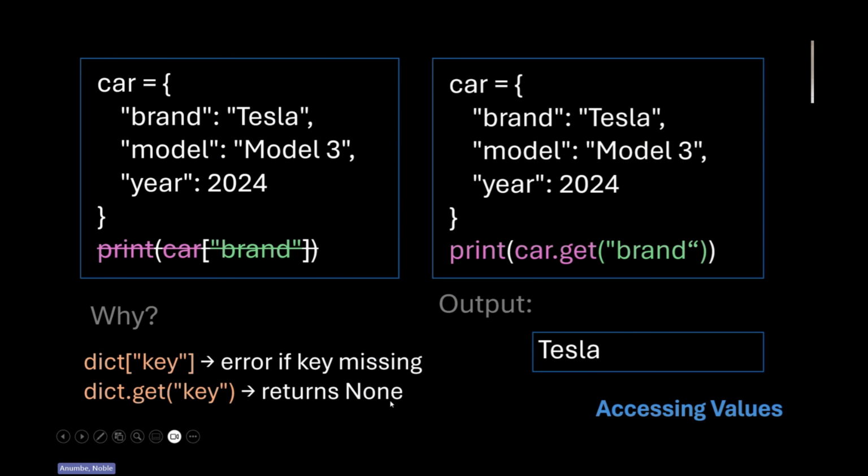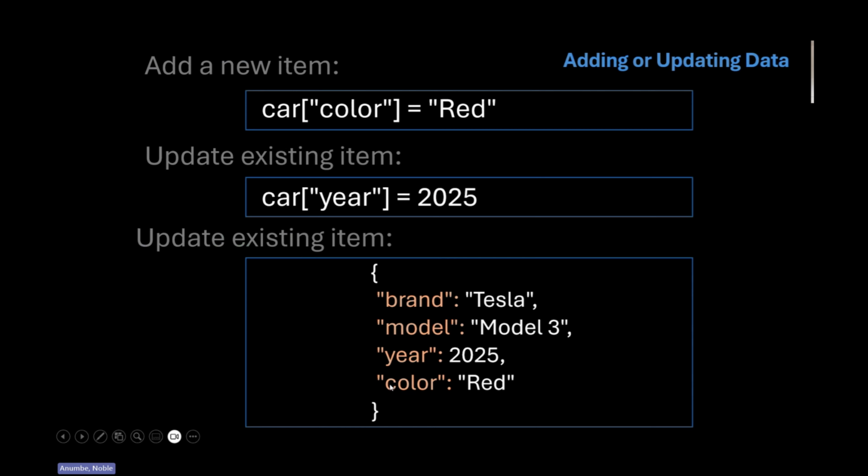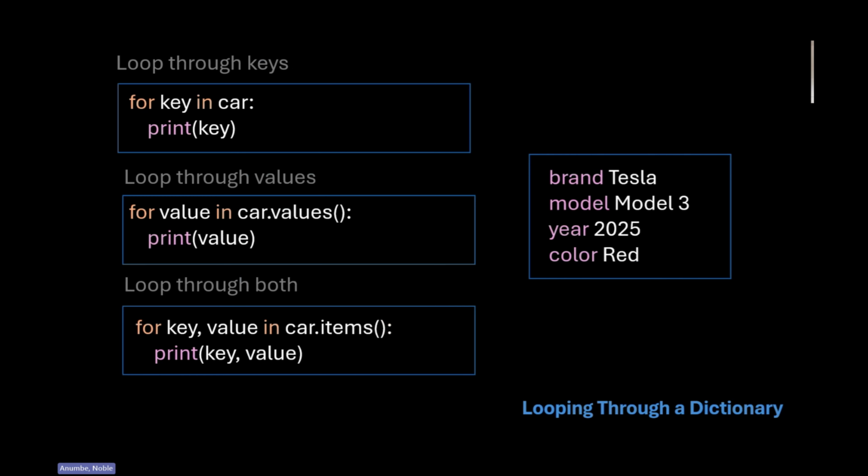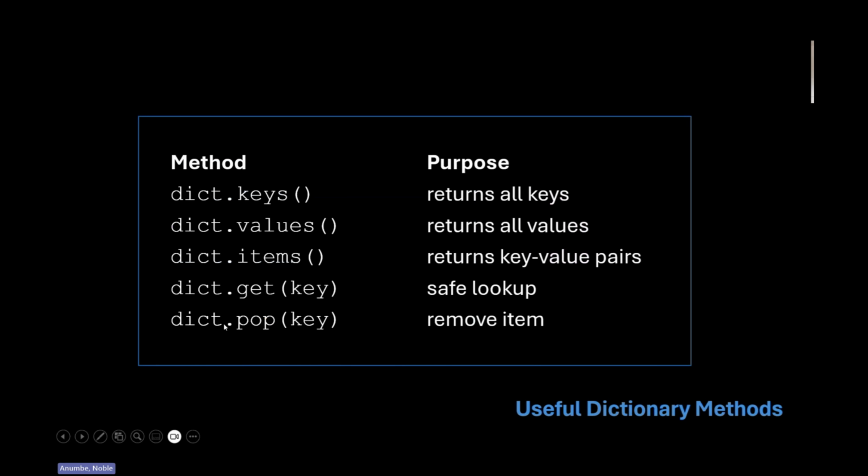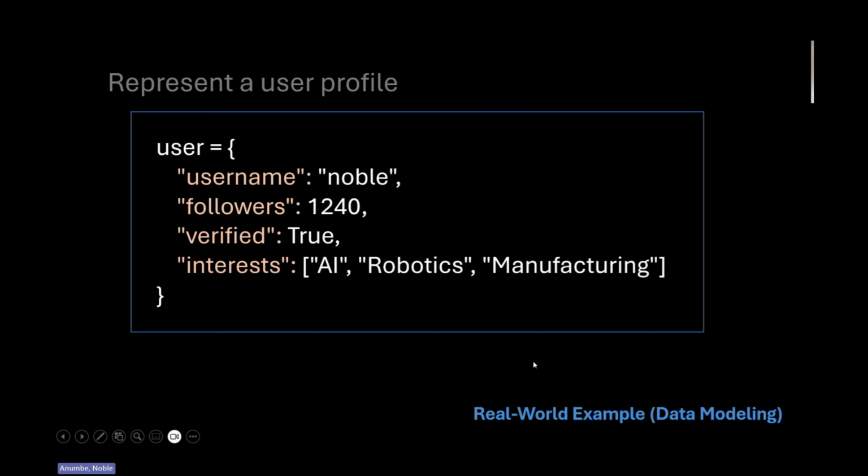It returns None, and it's a safer way so that it doesn't throw the error message saying that the key is missing. And then you have dict.pop, which is essentially if you want to remove a particular key, all you need to do is write dict.pop and then include the particular key you want to remove. These are really good and useful dictionary methods that you can incorporate when you write your code.